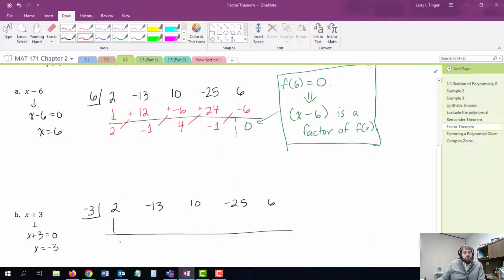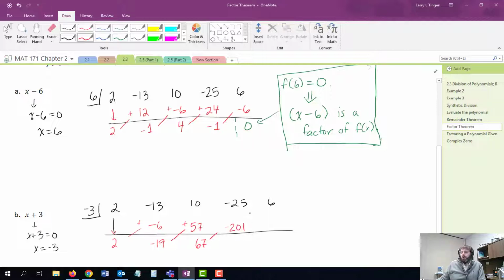Bring down the 2. Negative 3 times 2, negative 6. Negative 13 plus negative 6, negative 19. Negative 19 times negative 3 is positive 57. 10 plus 57 is 67. 67 times negative 3, negative 201.